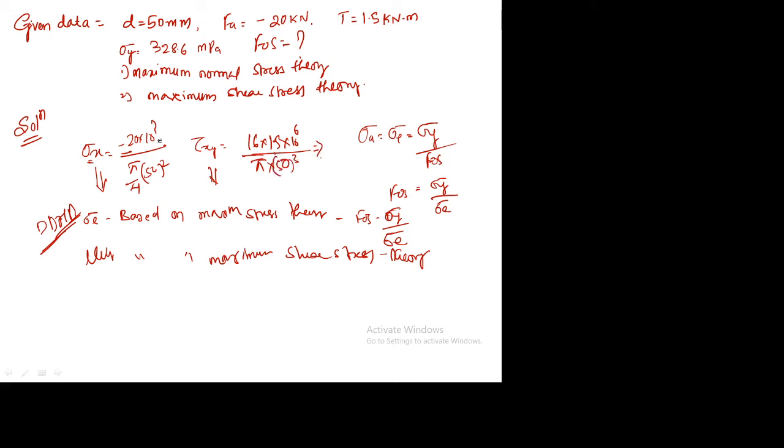You are going to get known values. Once you have these values, you calculate sigma e based on these two theories of failure. Then you calculate FOS as sigma y by sigma e. So take 5 or 10 minutes to solve it quickly, and I can ask anyone to share it on screen.